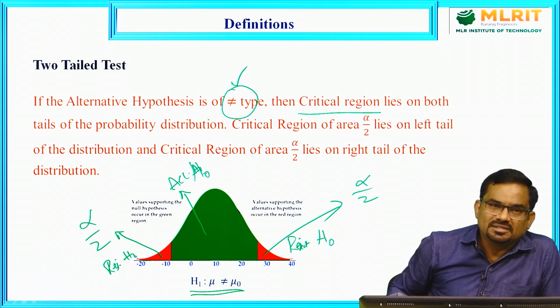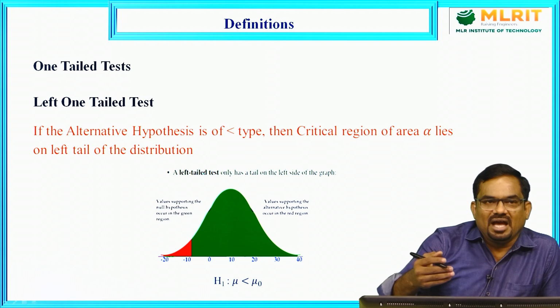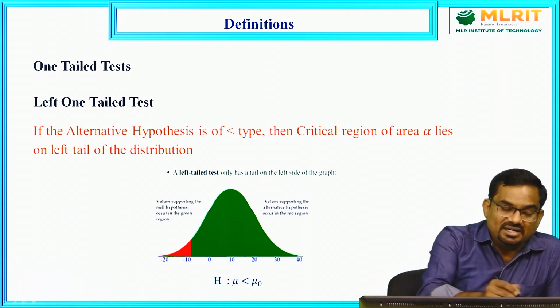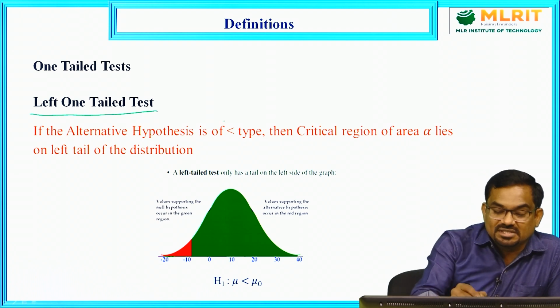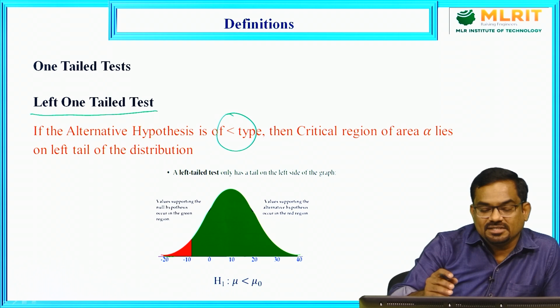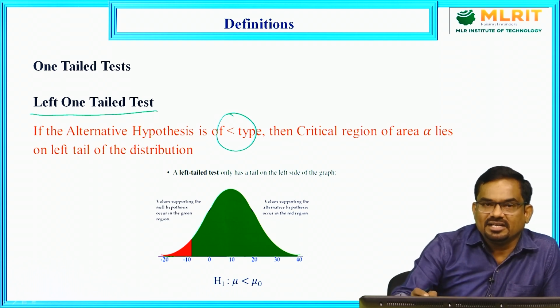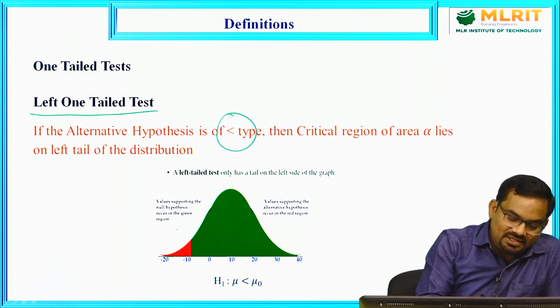Coming to the next, the one-tail test. Again, in the one-tail test, we have the left one-tail test and the right one-tail test. The left one-tail test: if the alternative hypothesis is of less than type, then the critical region of area alpha lies on the left side tail of the distribution.